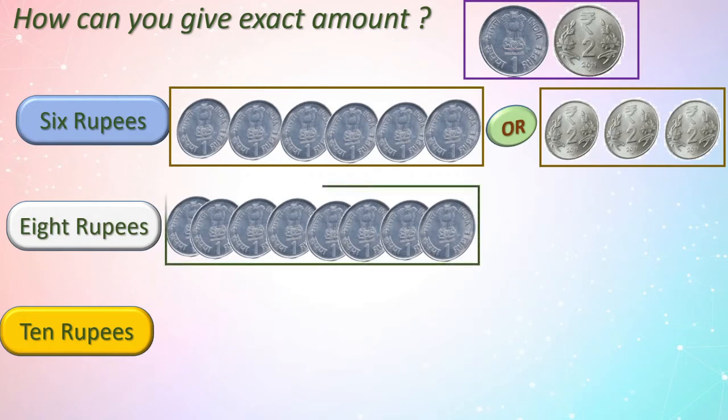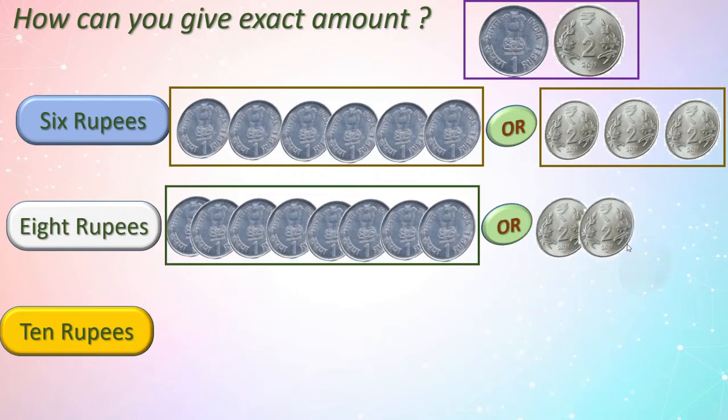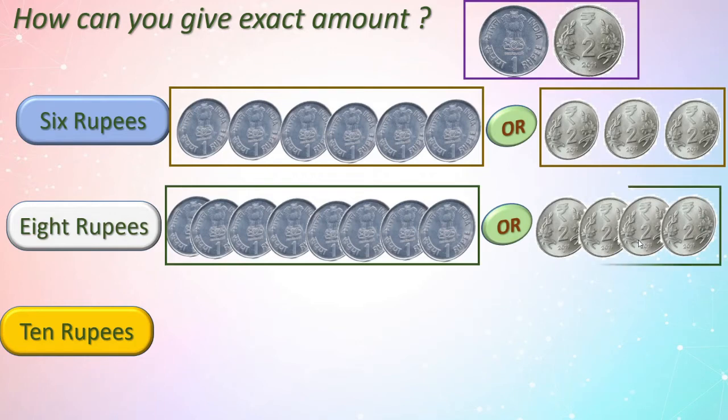Right? 8 1 rupee coins make 8 rupees. Or by using 2 rupee coins, okay, this is 2, became 4, right? 6, 8. Am I right? Again, these 4 coins make 8 rupees.